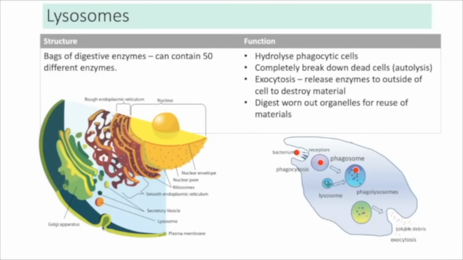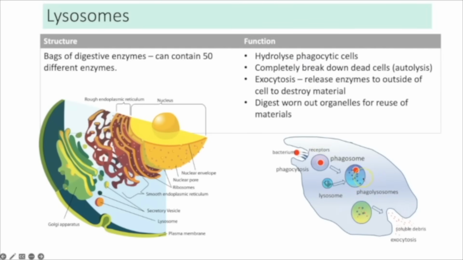Lysosomes. So we just said lysosomes can be created by the Golgi apparatus, and lysosomes are bags or vesicles of digestive enzymes. And they can contain lots of different enzymes. Some functions include the hydrolysis of bacteria. So you have lysosomes fusing with phagosomes in phagocytosis.